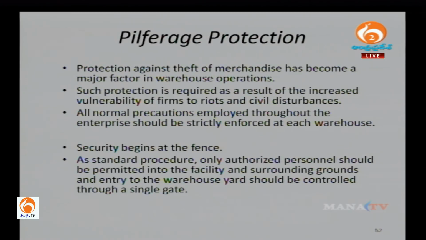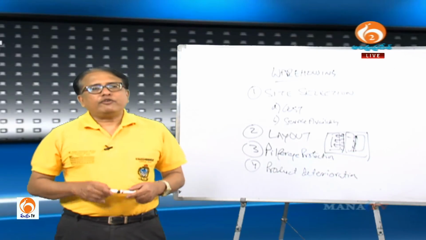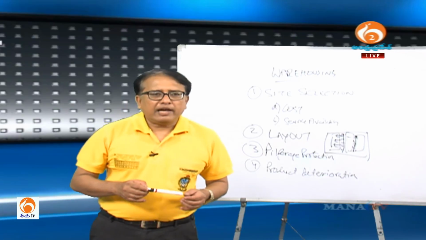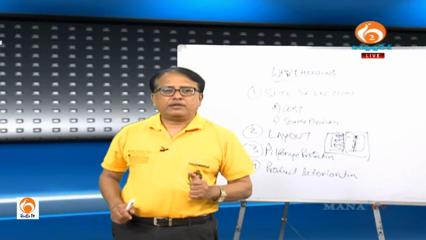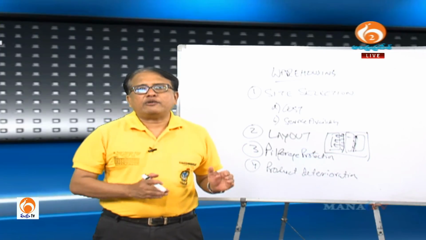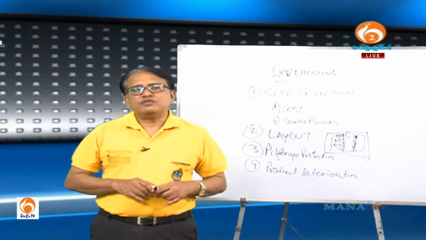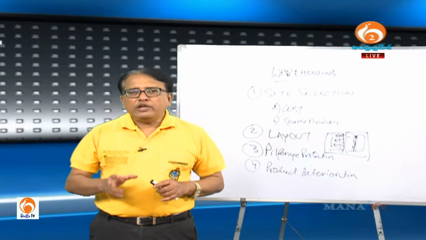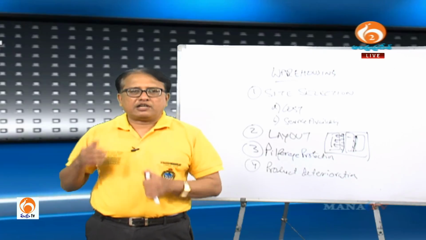If you visit any plant or any warehouse, you would have seen, generally in companies, you will find only employees or certain authorized representatives of the company are allowed entry within a warehouse or within an enterprise, within a company. It applies more in a warehouse, where only authorized representatives, only selected members of the staff are allowed.